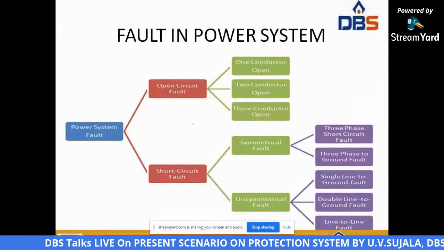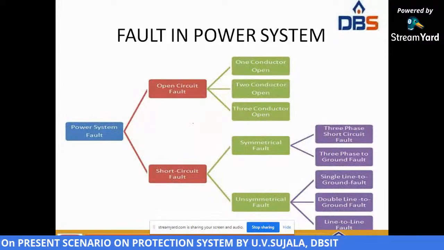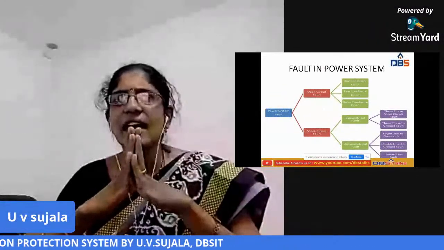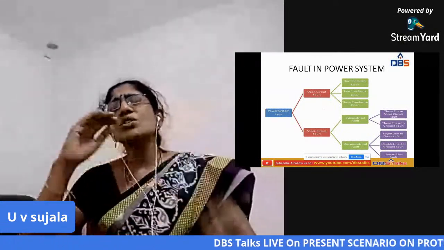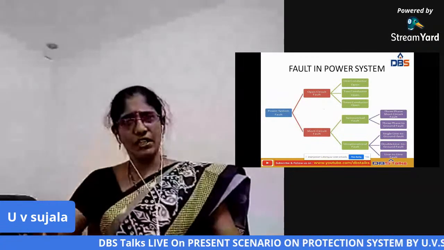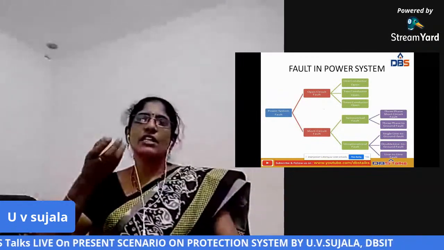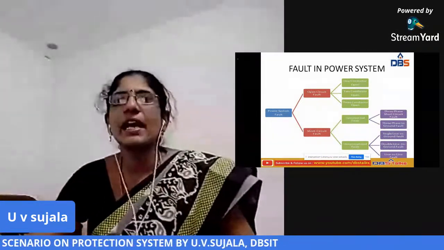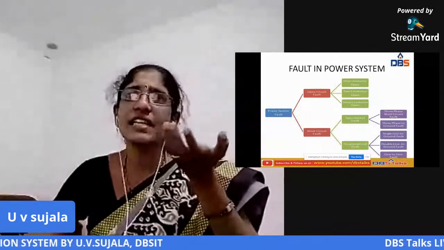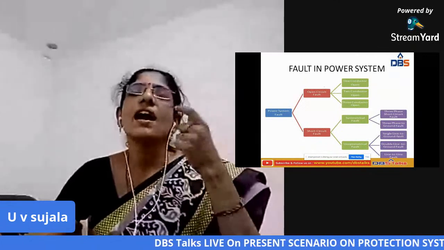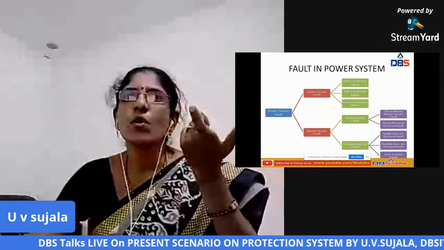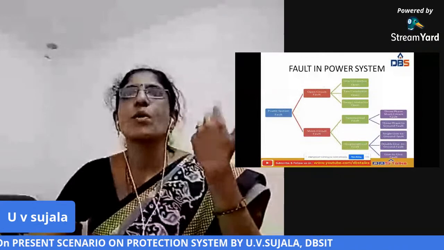Generally, faults in a power system are classified as open circuit faults and short circuit faults. In an open circuit fault, one of the three-phase lines, R, Y or B, whatever it may be, is open. So one conductor open, or two conductors open, or all three open, is termed an open circuit fault.